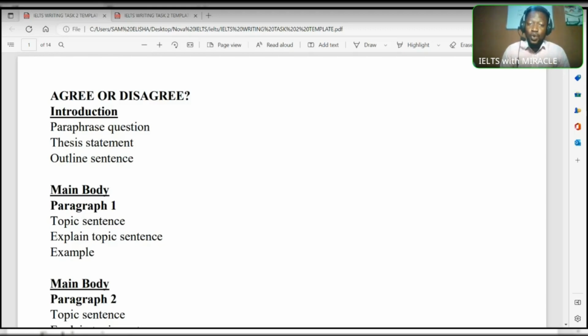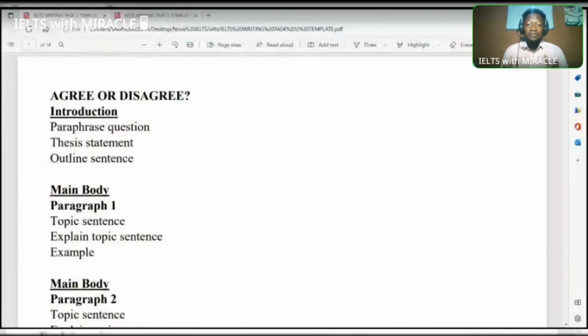The words you have used, the vocabularies you have used, right? Next, they would look at grammatical range and accuracy. That means they would measure the grammar of your writing, right? Your sentence structure, your tenses, spellings, punctuations, and all that. Those things will be assessed on the grammatical range.